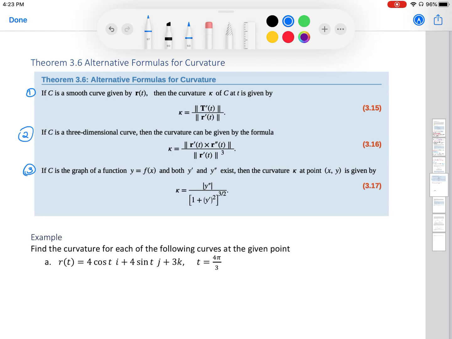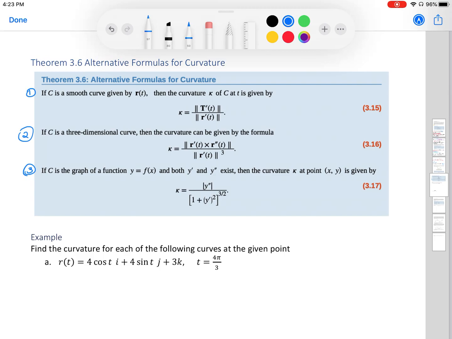A third one is if C is a graph of a function y equals f of x, and both y prime and y double prime exist, then the curvature K at point (x, y) is given by K equal to the absolute value of y double prime divided by 1 plus y prime squared, all of which is raised to the 3/2 power.